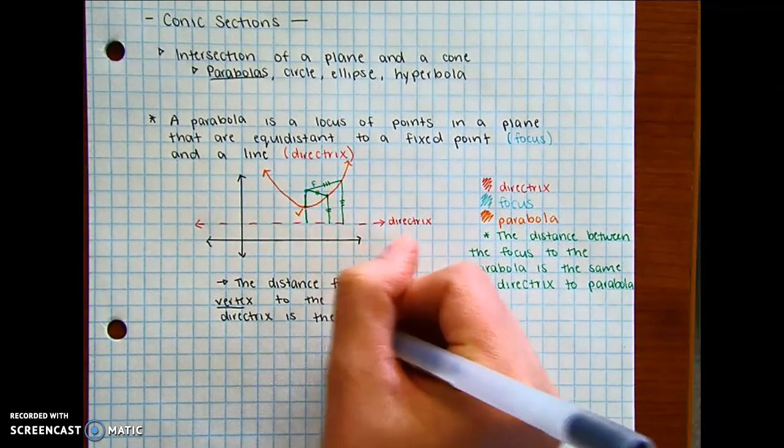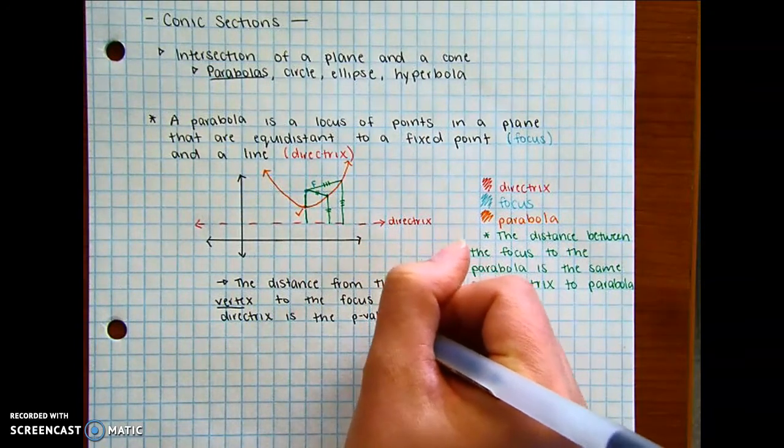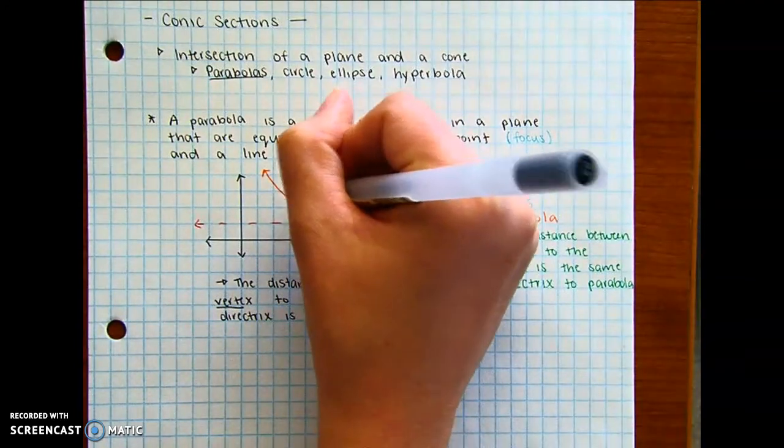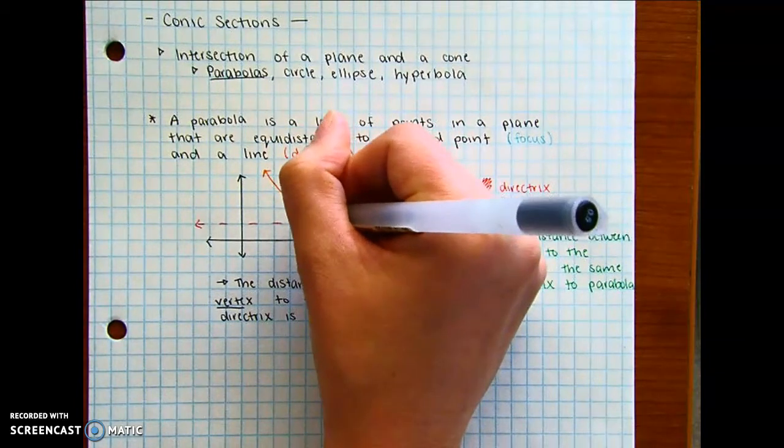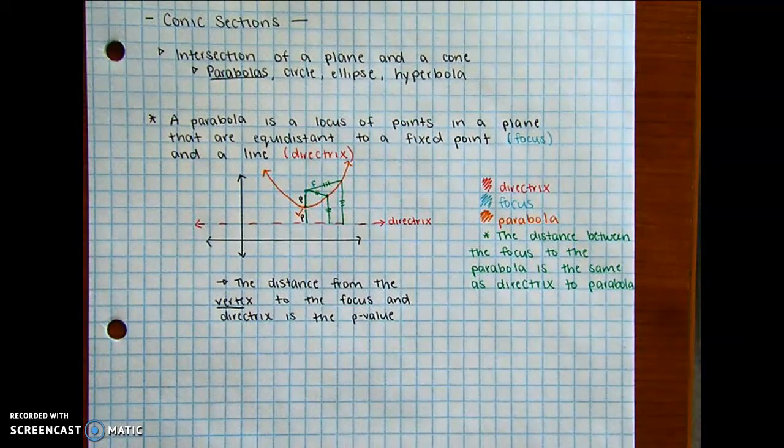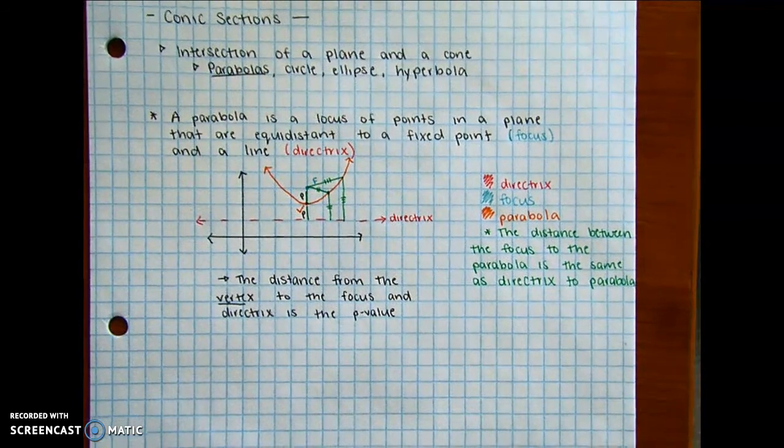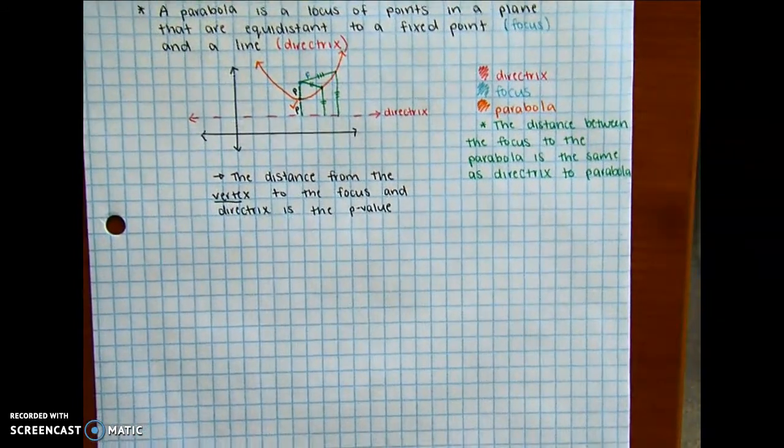That'll make more sense in a second. So this distance is p, and it's also p right here. Okay? Alright, so this is important. The p-value is important when we have the equation.